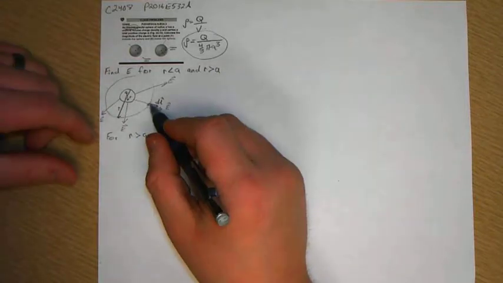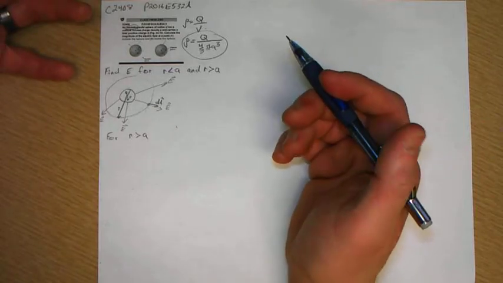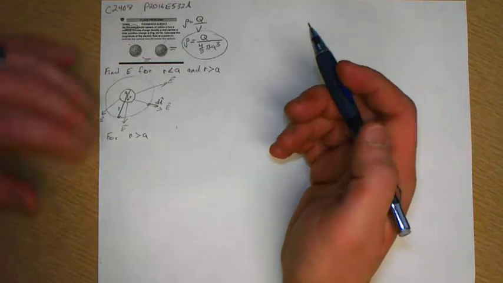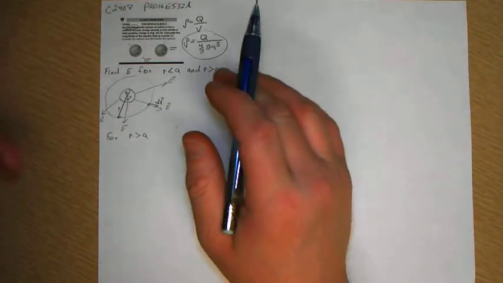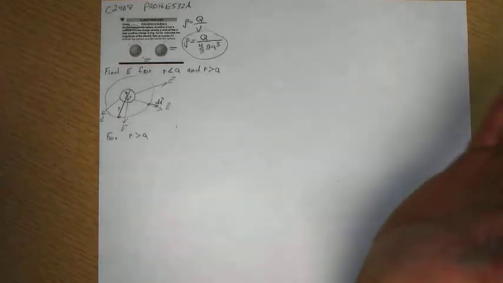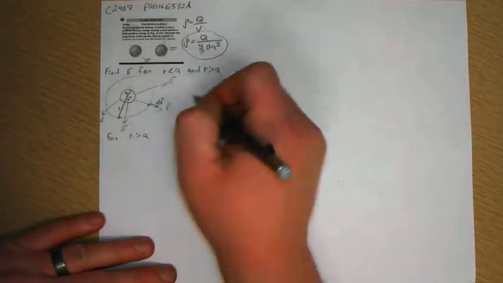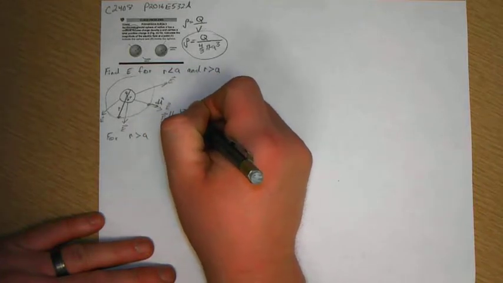I don't know if it's appropriate to use the word tangential for a three-dimensional object, but this is the opposite of tangential. It's perpendicular, normal to the surface. But what we note is that E is always parallel to dA.